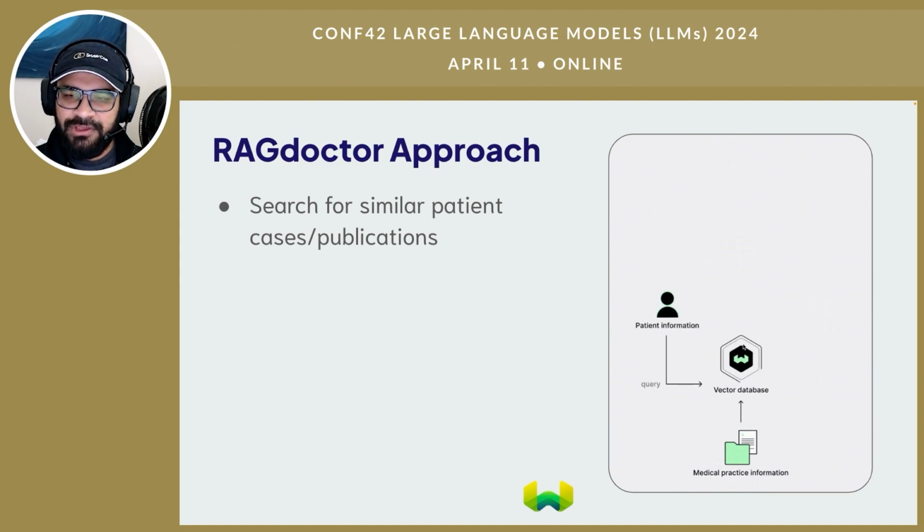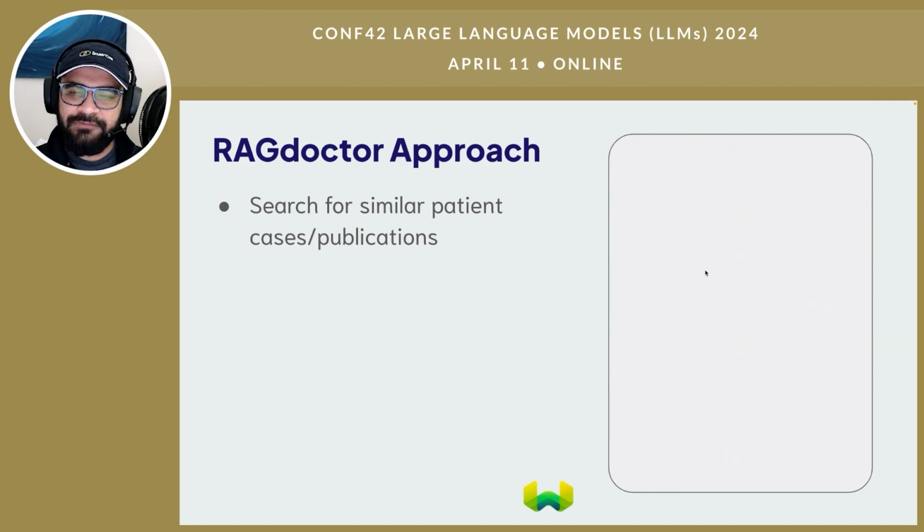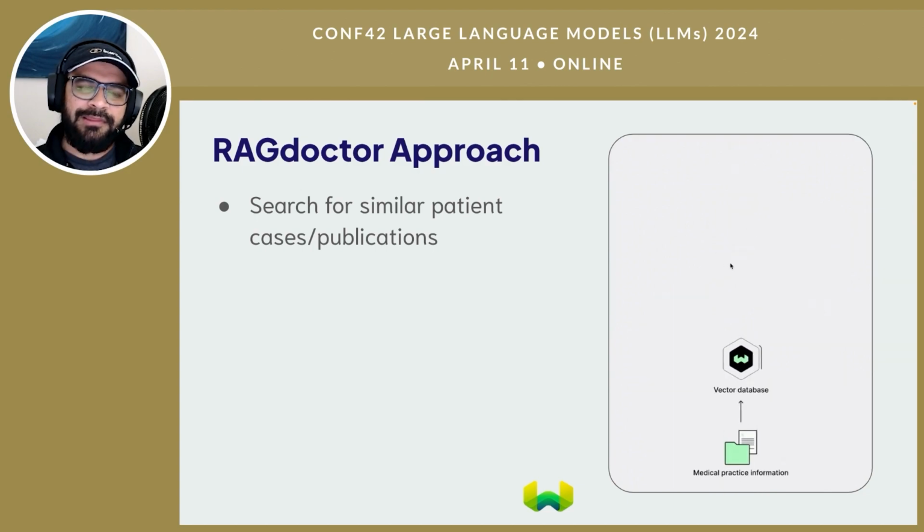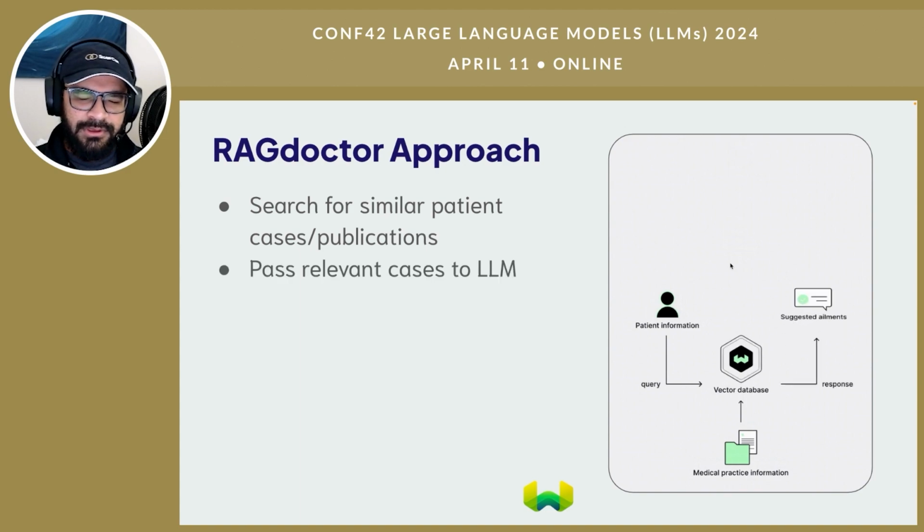This vector database has all of the medical history stored inside of it. You query it with the new patient information, and out comes relevant medical information. Then you take that relevant medical information along with the new patient information, give it to a language model, and the language model has to propose potential diagnoses.